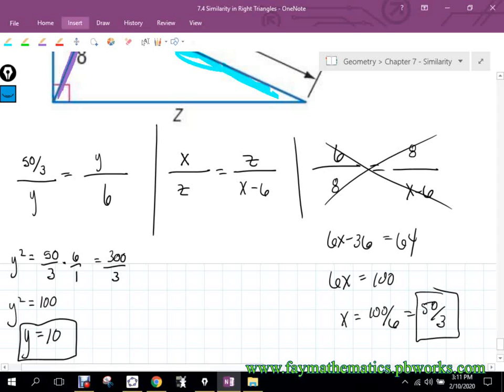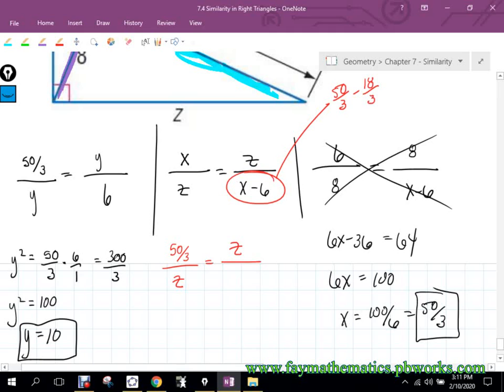Okay. The next one is a little bit more difficult, but the answer turns out to be really nice. When I plug x in, so x was 50 thirds, so 50 thirds over z equals z over, now I got to go 50 thirds minus 6. Well, 50 thirds minus 6 looks like that with a common denominator, doesn't it?